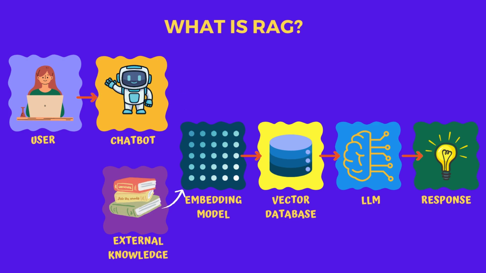And finally, the LLM model uses all this information to provide a comprehensive and informative answer. By combining the strengths of language models and external knowledge, RAG enables LLMs to generate more accurate, relevant, and informative responses.